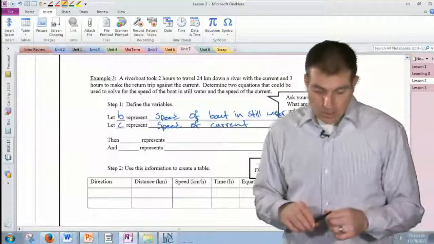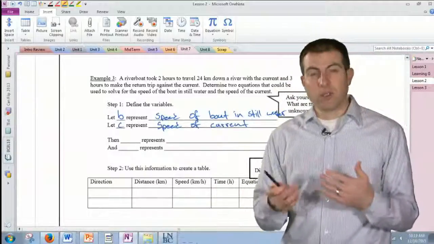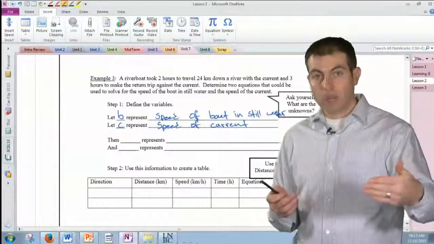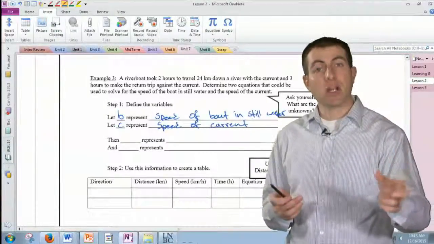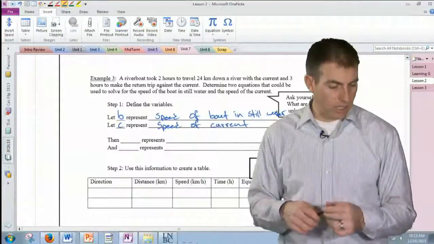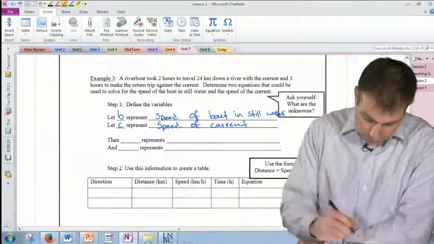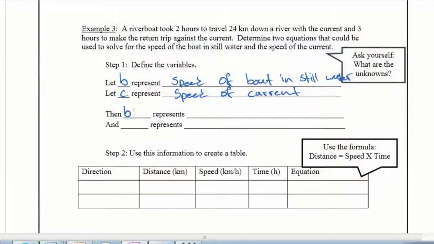So we have 2 scenarios. The boat's traveling with the current, and we know how long that takes, and the boat's traveling against the current, and we know how long that takes. So we're going to use that information. If we take the speed of the boat plus the current, B plus C, that's the speed of boat with the current.